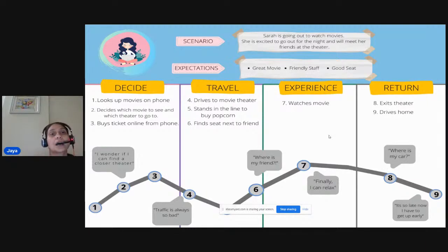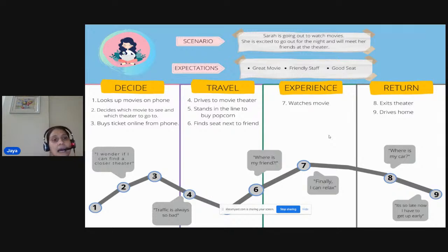The expectations are always there that the movie should be good, the staff should be friendly enough to support and give good service, and the seat should be relaxing. We are talking about common people, who all have similar expectations when going to watch a movie.